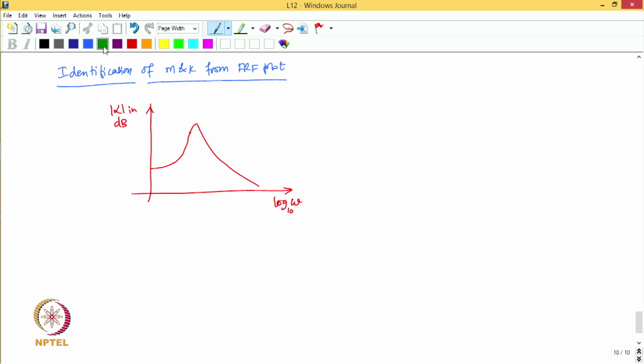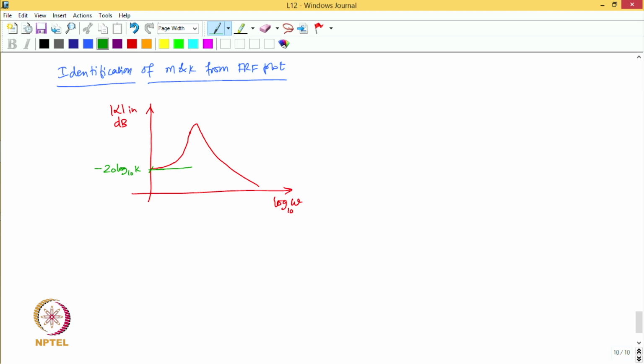So, now to find stiffness, we can draw the low frequency asymptote of the FRF, which is nothing but a straight line in the low frequency range, and that should be an asymptote to the FRF, that is almost tangent to the FRF. And then we can read where it intersects on the y axis, that value would be minus 20 log 10 k, and therefore we can determine the value of k from the dB magnitude.